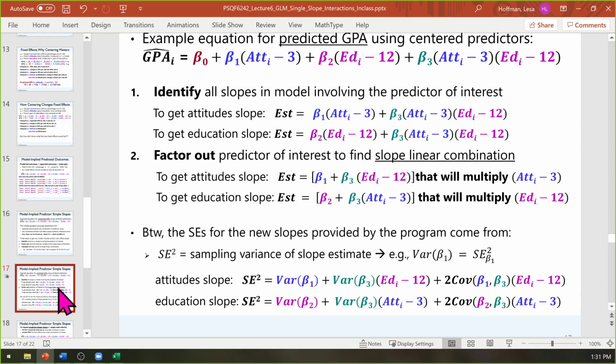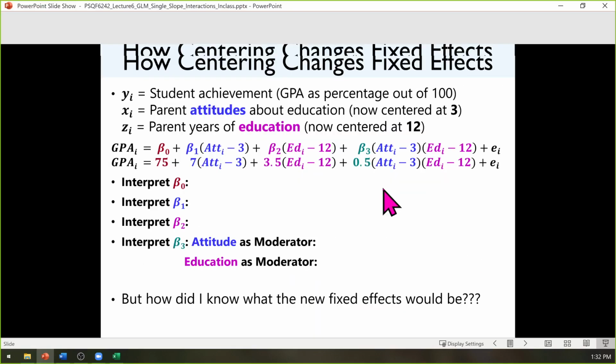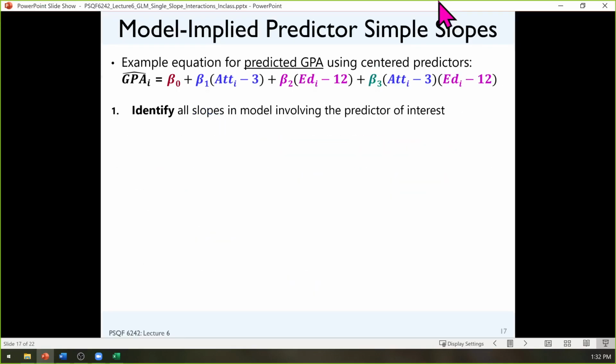So for this example, let me make this big again here. There we go. So step 1. If I want the slope for attitudes, I go into my model and I find all the terms that have attitudes as part of them.